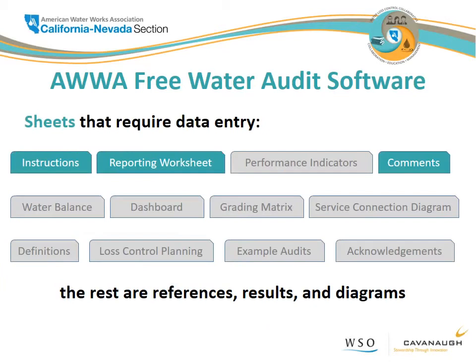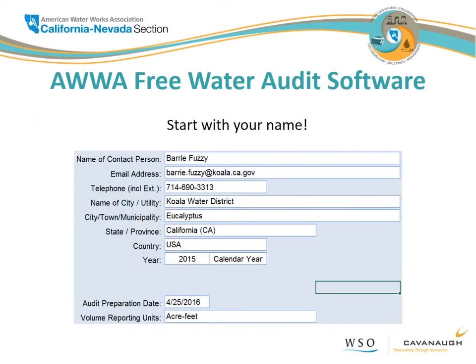So let's go to a quick overview of the actual tabs. As I mentioned, the reporting worksheet is where you'll do most of your work for the audit process, but the instructions is the place you want to start, because that is where you specify your utility specific information. And here's what that looks like. Providing the name of the utility and the contact information, etc. That's basically administrative information.